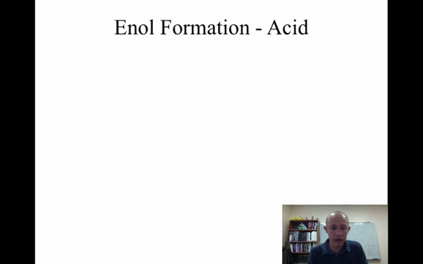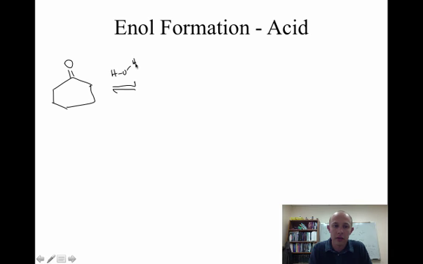Okay, so let's say that we have cyclohexanone, and we said that under acidic conditions we can form the enol tautomer. What would be the mechanism for that reaction? Well, let's say we have acidic water. Just like in all the other reactions that we've looked at, the first step is going to be protonation of our carbon-oxygen double bond.